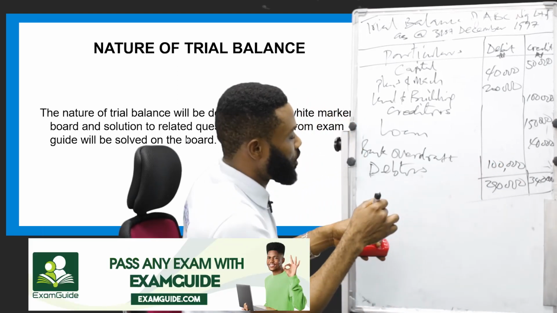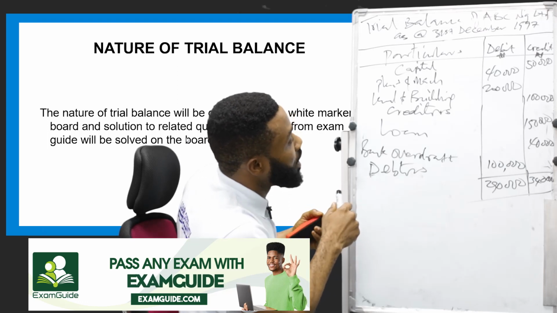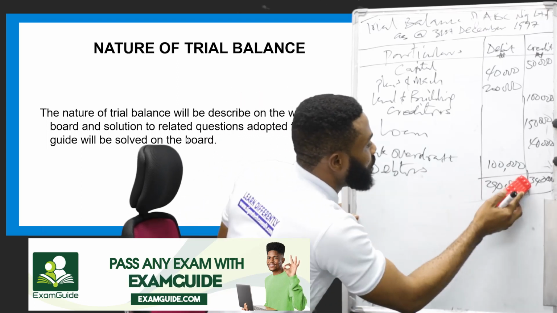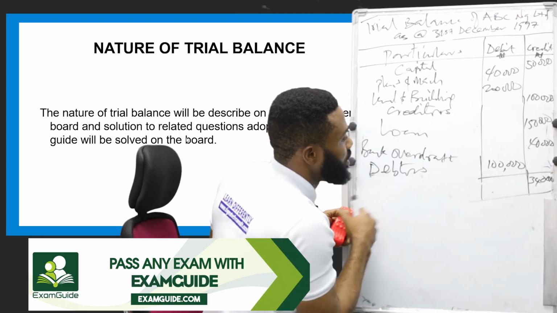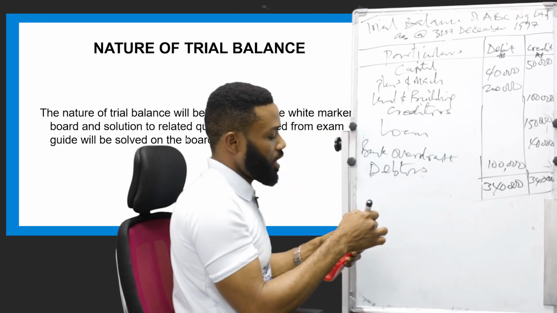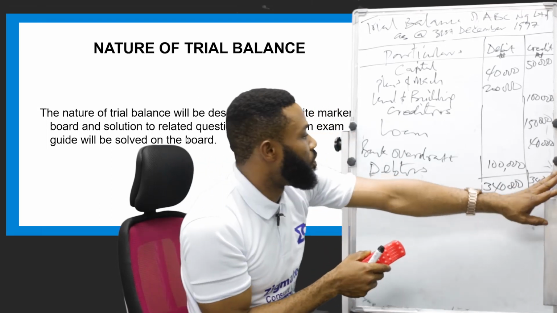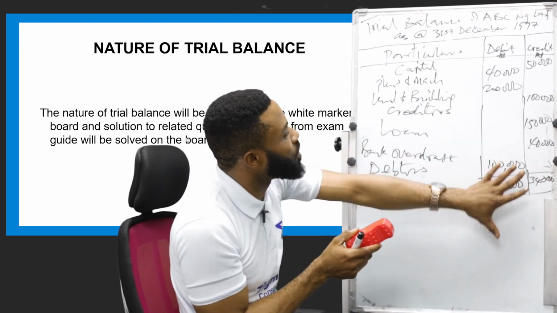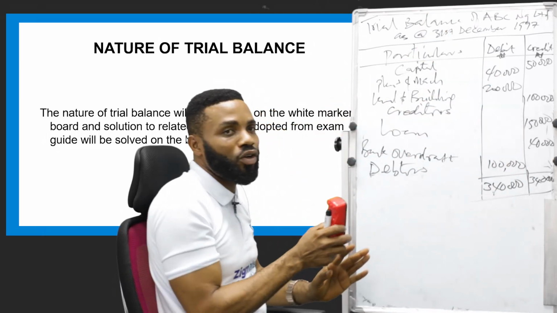If our debtors here is 100,000, what will be the result? The result will be 340. Here will now be what? 340. 340,000. You can now see that here will be equal to here. At this point, we can say the trial balance was balanced.